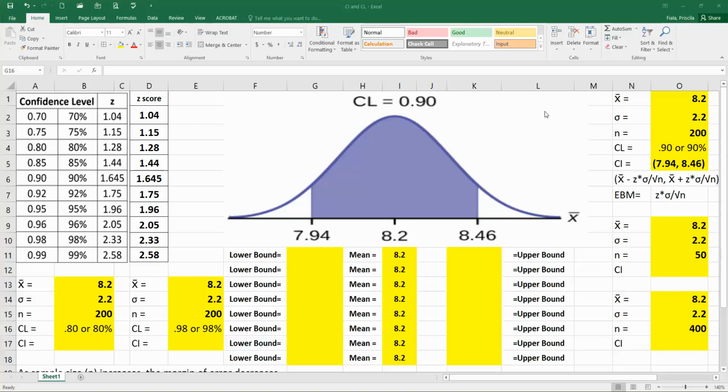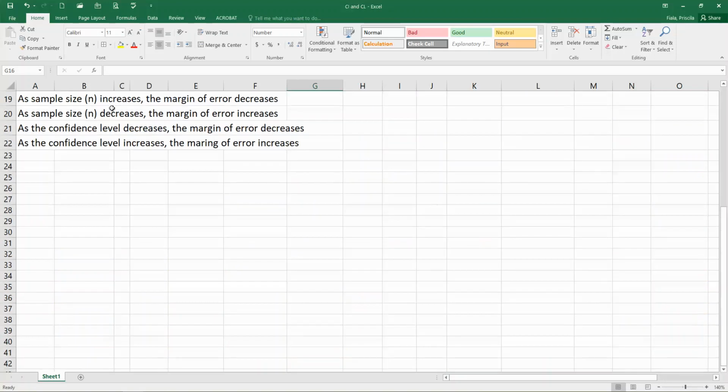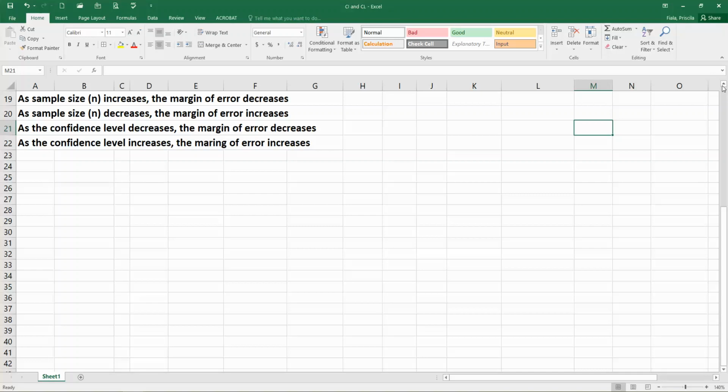I'm going to be showing you here what happens when you increase a sample size, what happens when you decrease a sample size, what happens when you decrease a confidence level, what happens when you increase a confidence level. The most important thing for you to remember are these four rules right here.